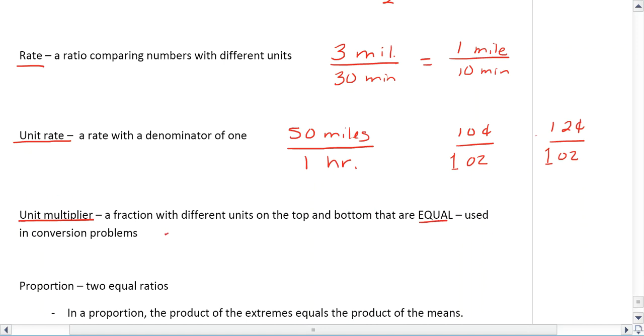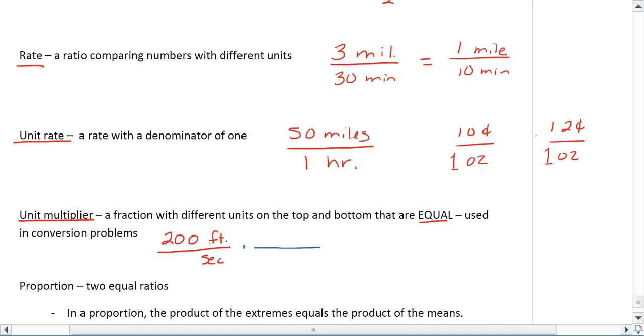Quick example: if something, I guess it would have to be a rocket or something to go this fast, was traveling 200 feet per second, and you were asked to change this into feet per minute, you have to come up with a unit multiplier that would do that for you. This part here in blue is the unit multiplier.